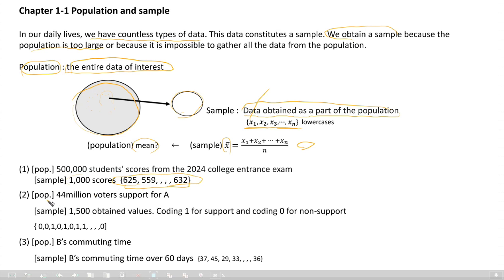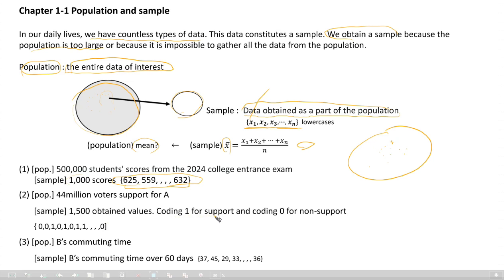Another one. Population: 44 million voters' support for, say, President A. Okay, there are 44 million support data for President A. We do not know the 44 million support data. So we take 1,500 voters' data, coding 1 for support.